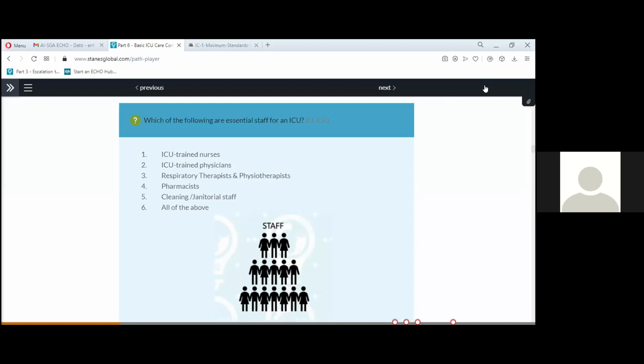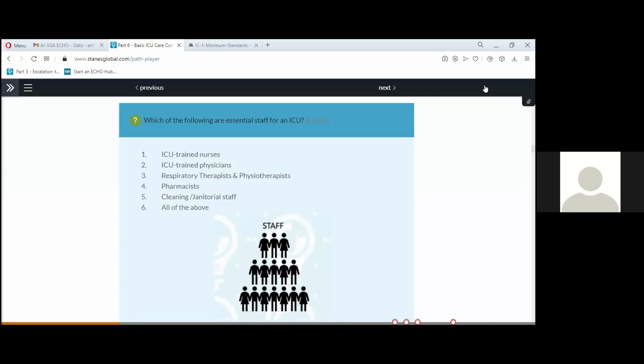So there may be collection of secretions, and this is where respiratory therapists are important. The physiotherapists are also important because the patients are usually not mobile, and because of that there is muscle atrophy, weakness and pains. The physiotherapists are very important in preventing these sequelae in the ICU.